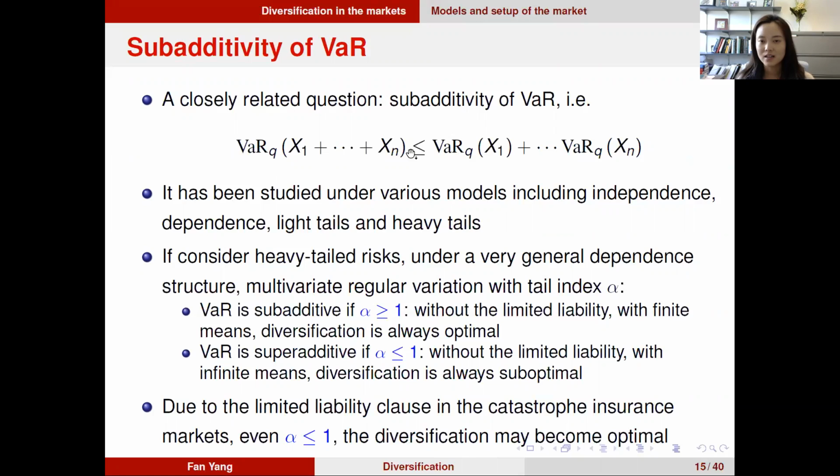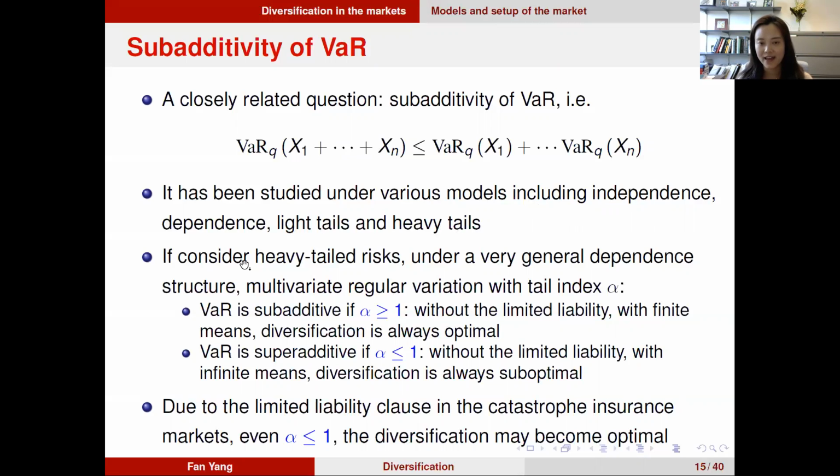If this direction of inequality holds true, then we say VaR is subadditive. And it's well known in the literature that VaR is not always subadditive for all kinds of risks Xi.